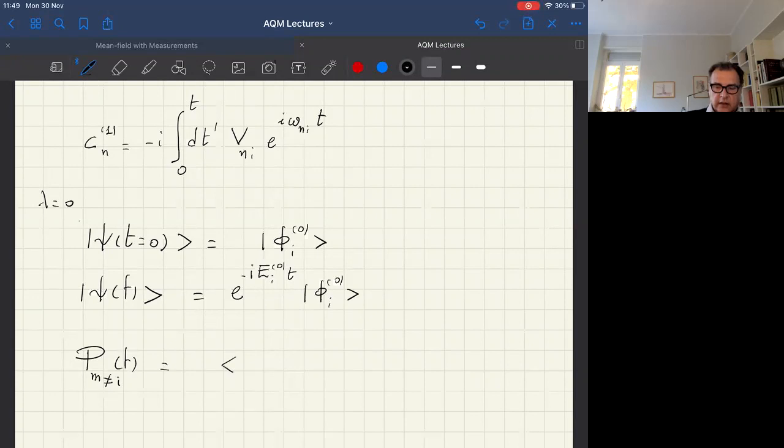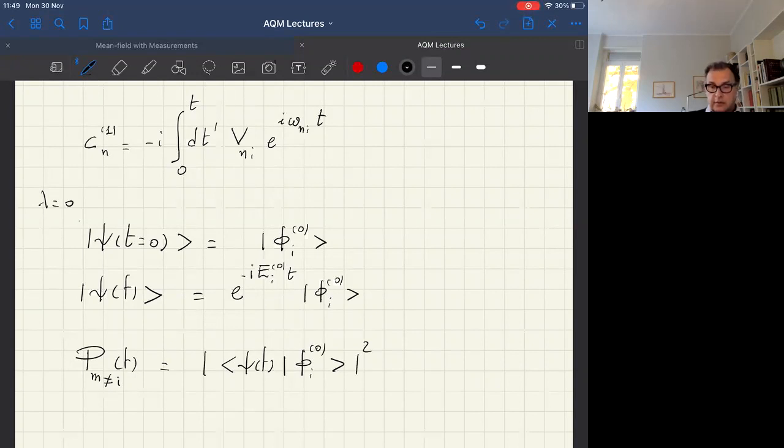Then I have to take the scalar product of psi of t with phi 0 of M, and then take the modulus square.